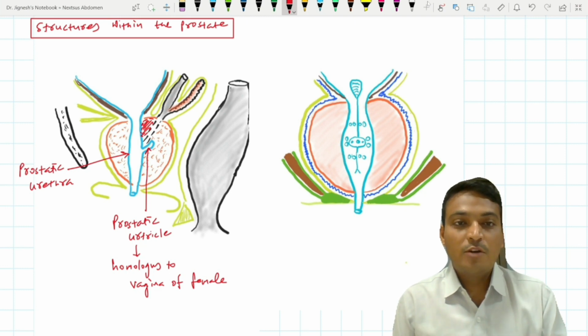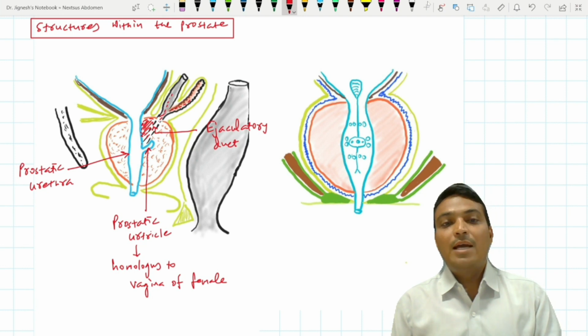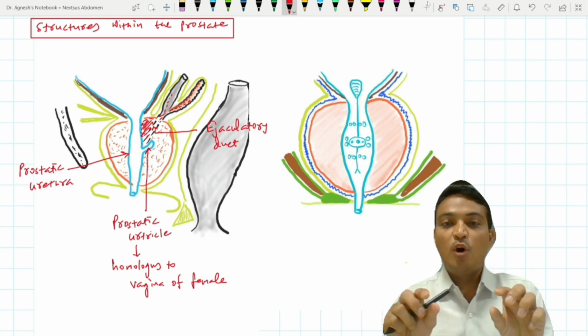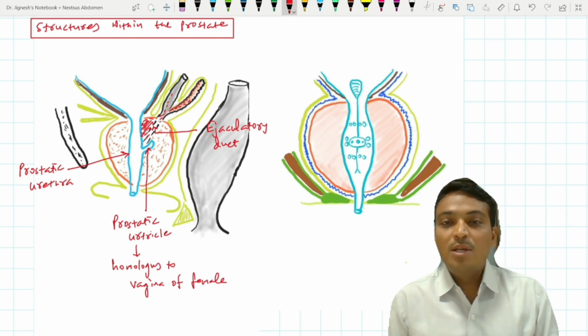The third structure present within the prostate is this duct, the ejaculatory duct. This ejaculatory duct is formed by the duct of the vas deferens and the duct of the seminal vesicle. And this ejaculatory duct is going to open on each side of the opening of the prostatic utricle inside the colliculus seminalis.